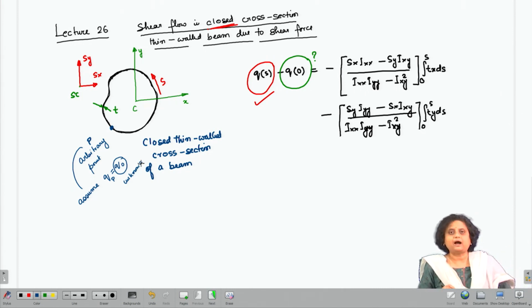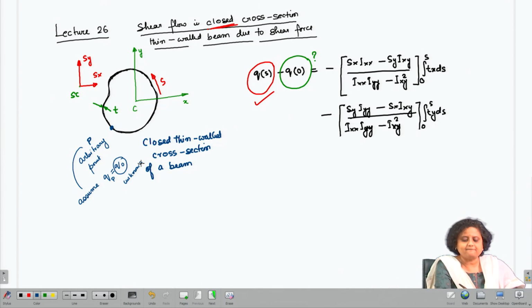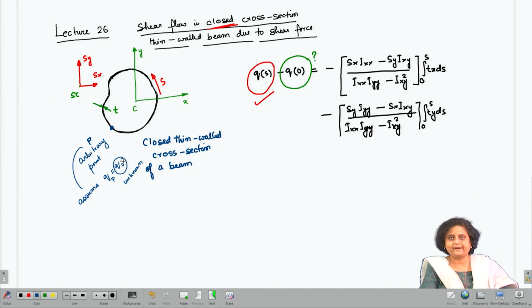And starting from this point, we will find qs in the entire cross section of the beam. Now, all the qs that we find will have a factor q0 there, which will be unknown and will be hanging there as an unknown, and we have to find this q0 later.